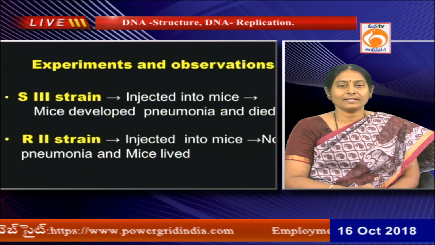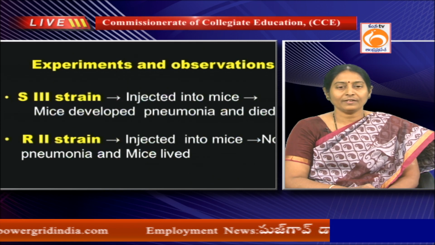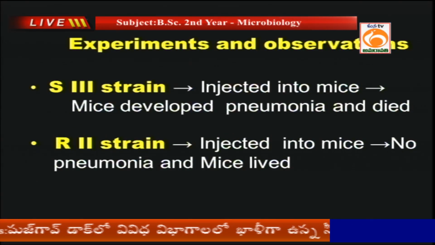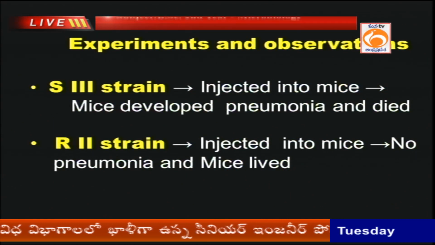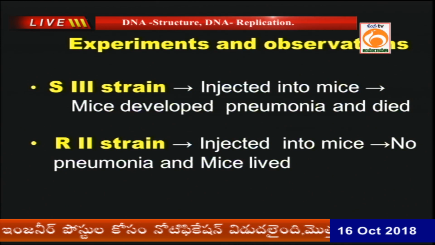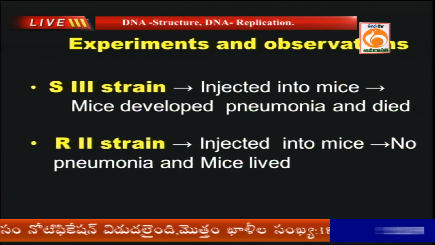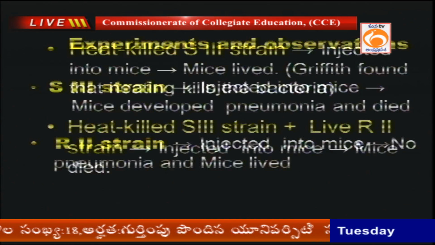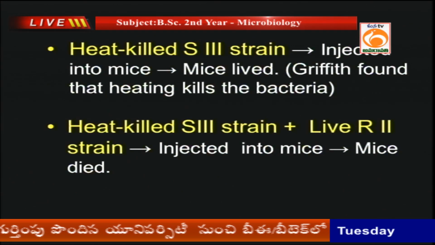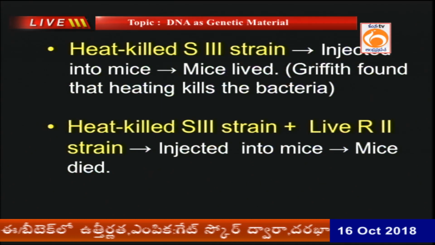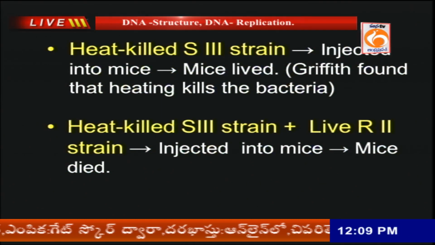During the course of his experiments, Griffith injected mice with the S3 strain. Mice developed pneumonia and died. Then, when mice were injected with the R2 strain, there were no signs of pneumonia because it is a non-virulent strain. Then, he killed the S3 strain by subjecting it to heat treatment and injected it into mice.